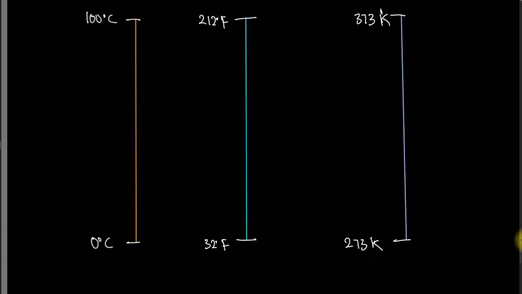So as I was saying, now let's take a measurement somewhere here and call that measurement, for example, X. Right? We want to compare it to the value on the Fahrenheit scale.